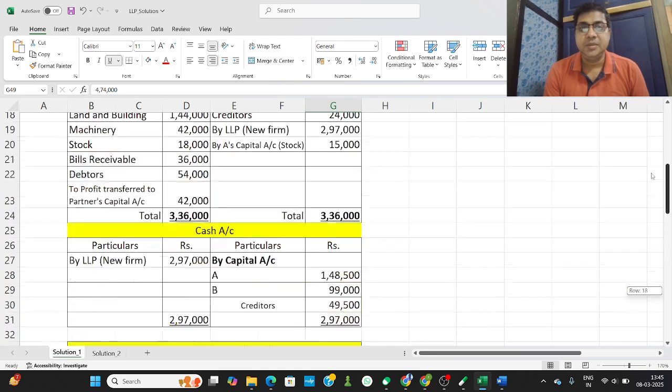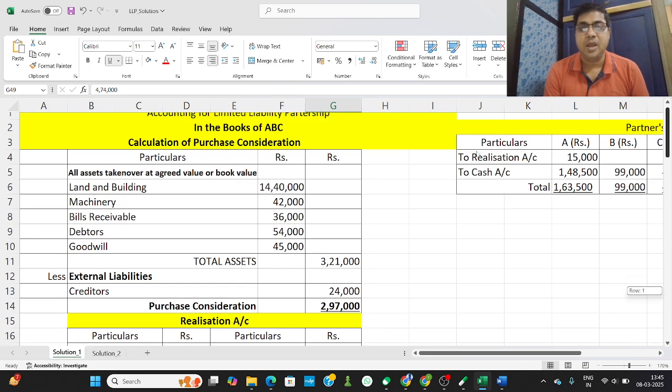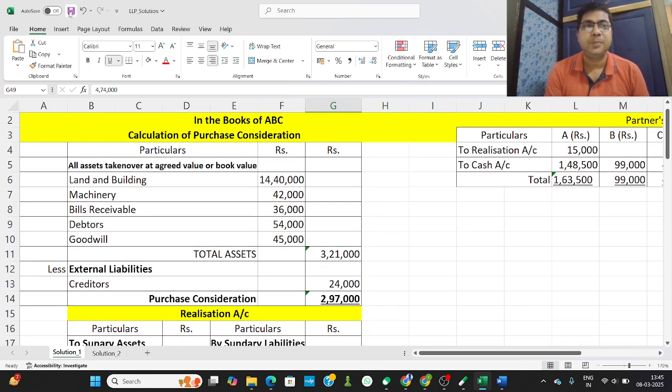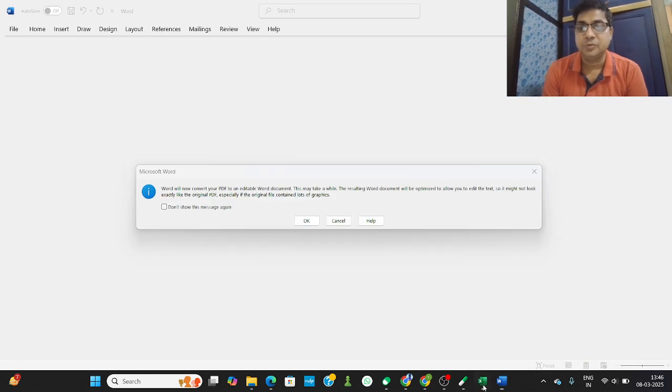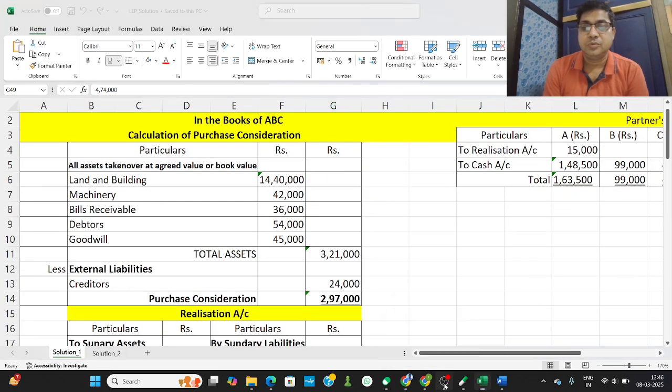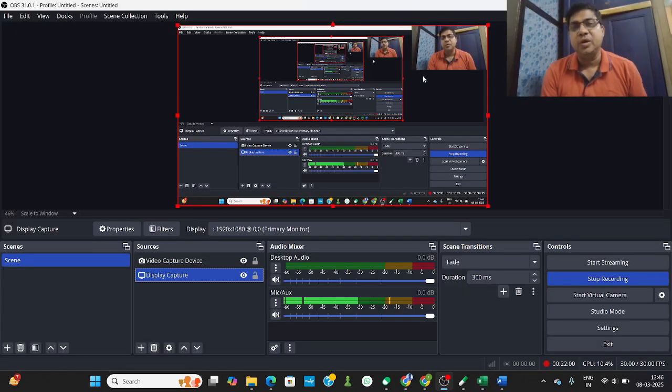On that basis we prepare. So I hope you understood this part of the problem, and there is no problem for you to solve this sum in your notebook.